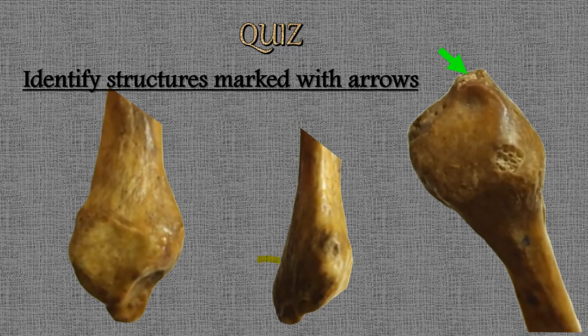What is this structure highlighted with the green arrow? Highlighted with yellow, highlighted with blue, highlighted with purple arrow, highlighted with black arrow, highlighted with red arrow. You have to identify the structures marked with arrows of different colors.